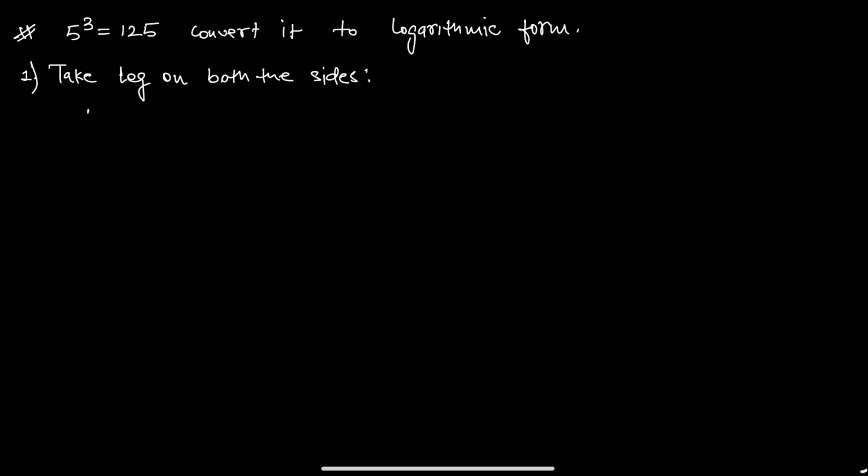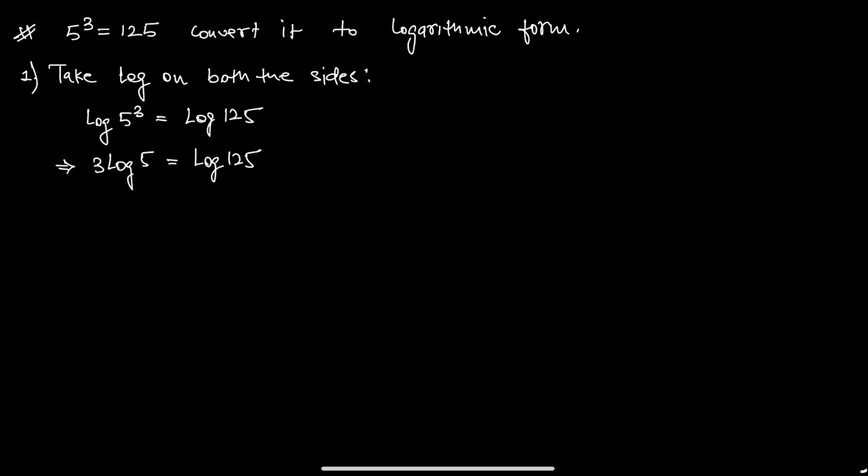So I will write log 5 raised to the power 3 equals log 125. Now using the formulas of logarithm, this power 3 will become a coefficient, and this can be written as 3 log 5 equals log 125.